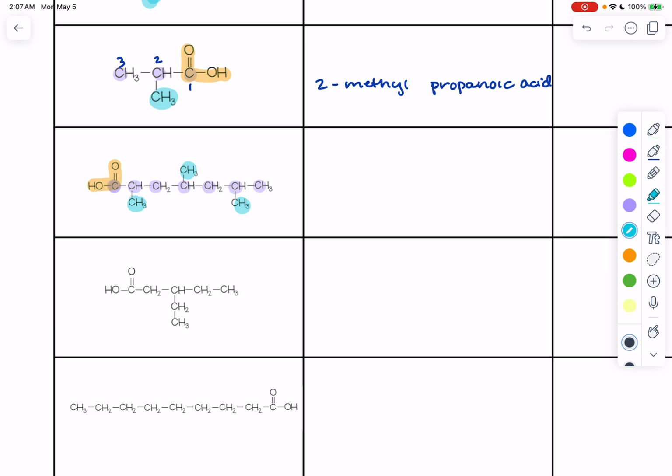So this is going to be heptanoic acid, and at 2, 4, and 6, we have trimethyl. So 2,4,6-trimethylheptanoic acid.